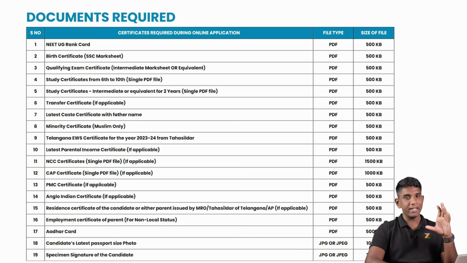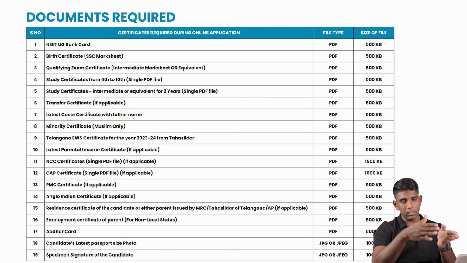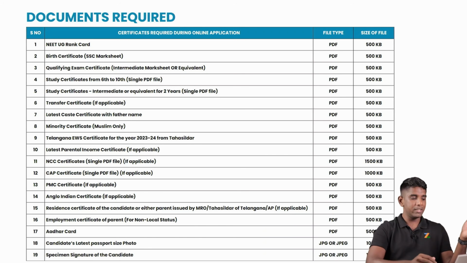So these are certificates that are for the horizontal reservation. So if it is applicable for you, you need to upload these certificates. And resident certificate of the candidate or parent issued by the MRO. So this is for if you are claiming the local eligibility using residence, then this certificate is required. Then employment certificate of the parent.